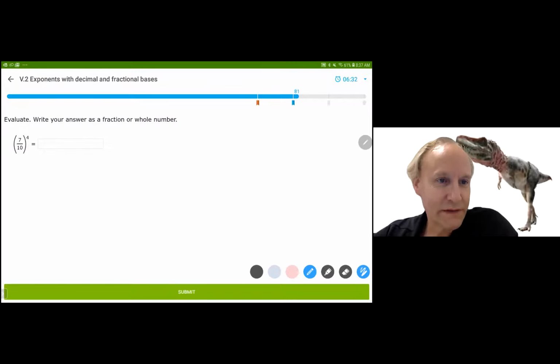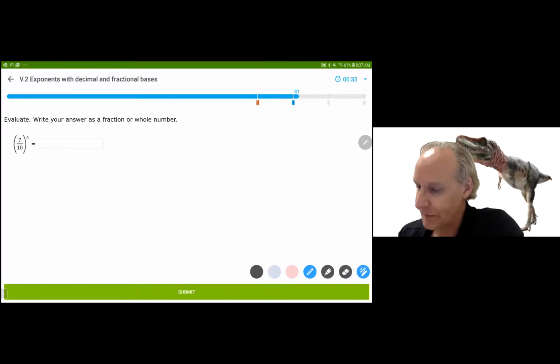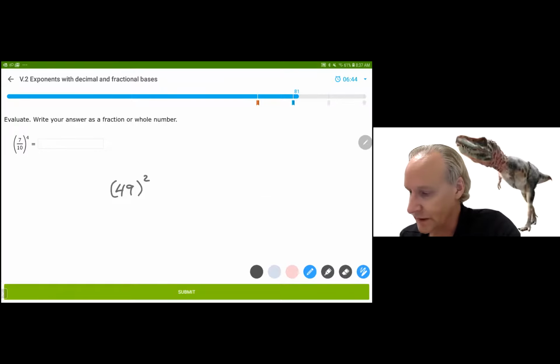7/10. So 7/10 to the 4th power is going to be 49 squared. 7 times 7 times 7 times 7. Trying to think of an easy way to square 49.